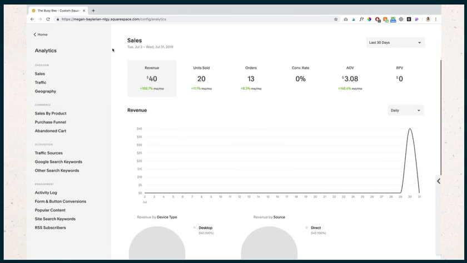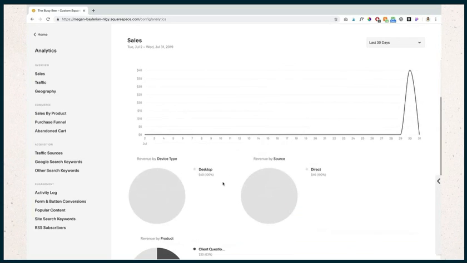Your key stats really are going to be your revenue, your order volume, and your conversion rate right here. So my stats, this is the back end of my site and my analytics, but I have a lot of free products, so some of these stats may be a little skewed. This page is going to give you an idea of how much customers order on average, sales over time, and how much a unique visit is worth on average, essentially.